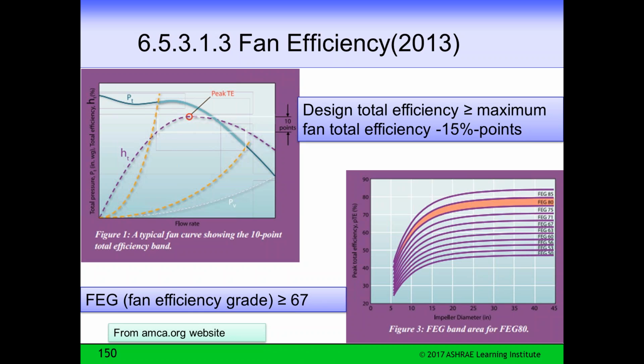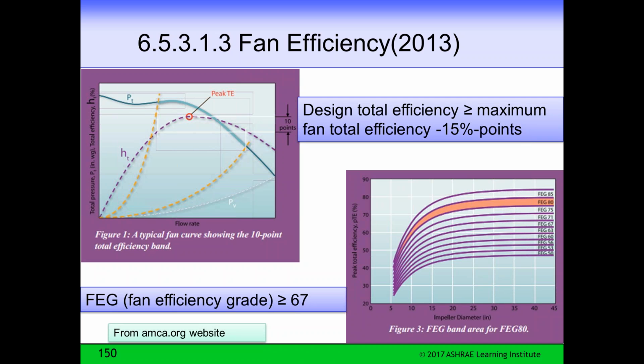AMCA, amca.org, is a good site to look at. They came up with a fan efficiency grade, a FEG. Each fan is graded for fan efficiency, and ASHRAE 90.1 requires a grade greater than 67 for the fan you select.